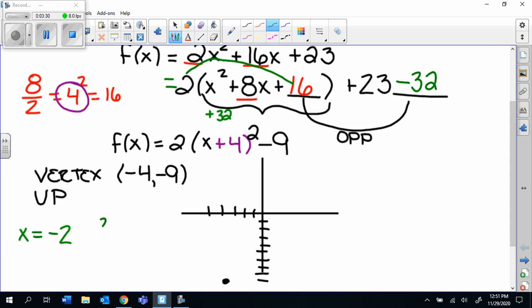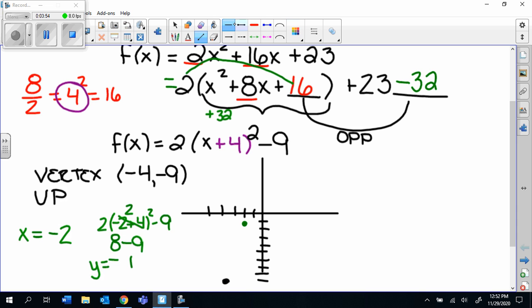And so 2 times negative 2 plus 4 squared, take away 9. 2 squared is 4, times another 2 is 8. 8 take away 9 is negative 1. So there's my y value. So negative 2, negative 1 is right there.